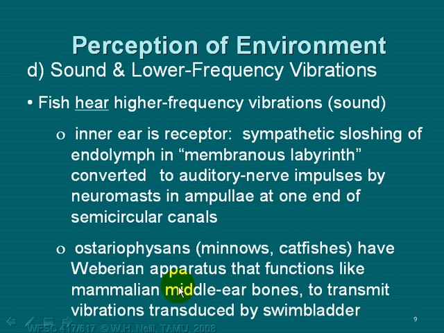And the analog then of the middle ear bones of mammals is the Weberian apparatus. And then the inner ear is both analogous and homologous. It's analogous in that it functions in a similar way, and it's homologous in that it's derived in the same sort of way developmentally. So that's why we think ostariophysans are so much more sensitive to high frequency sounds than non-ostariophysan fishes.